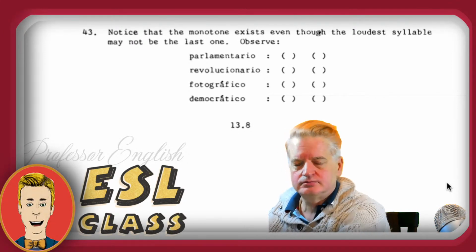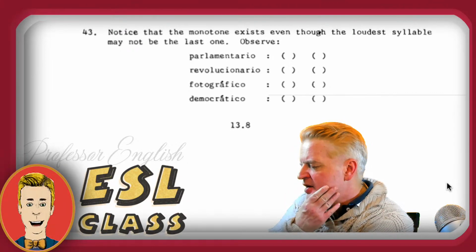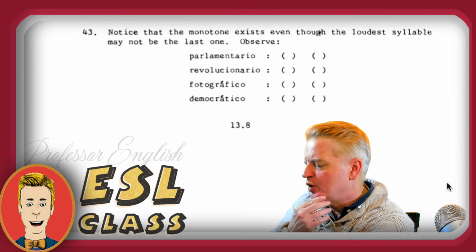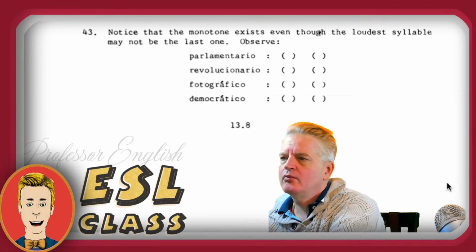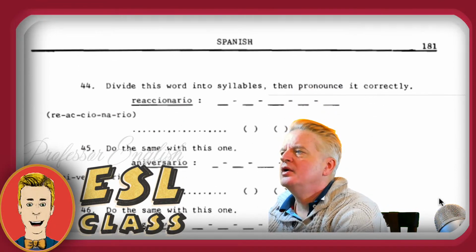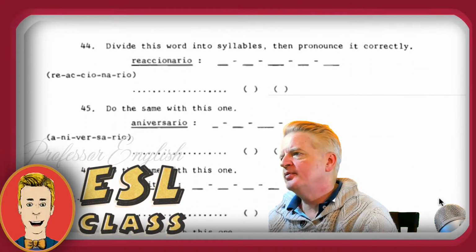Parlamentario, revolucionario, fotográfico, democrático.